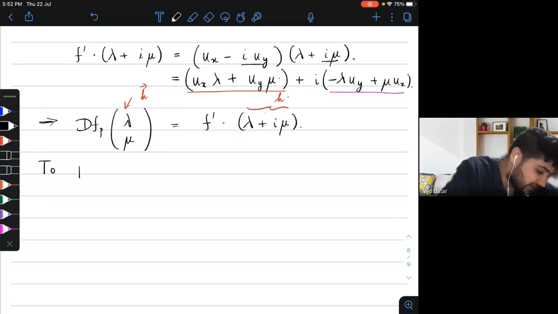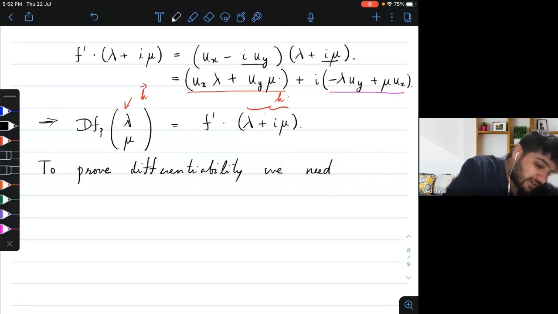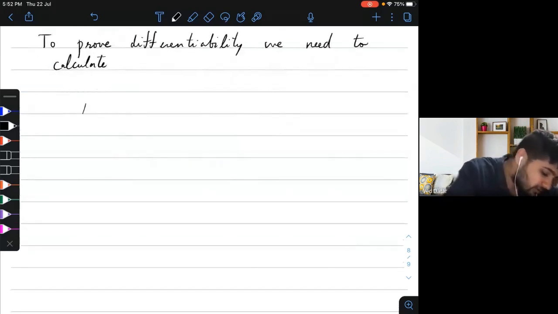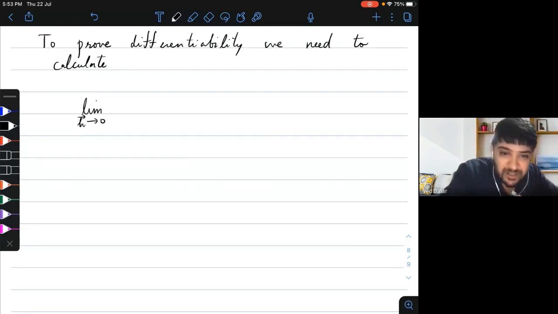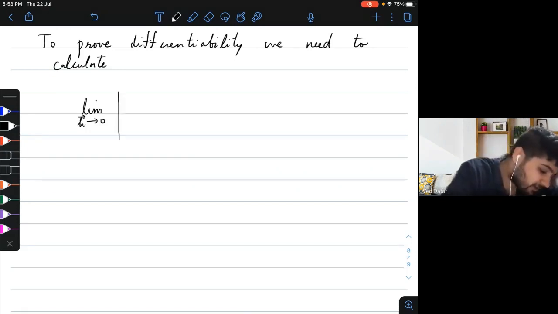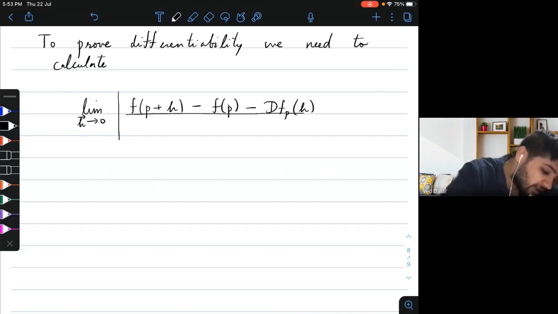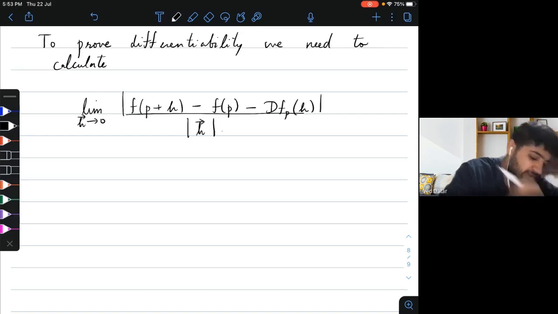To prove differentiability, we need to calculate the limit as this vector goes to 0 of the following: f of p plus h minus f of p minus Df_p at h, divided by the norm of h.